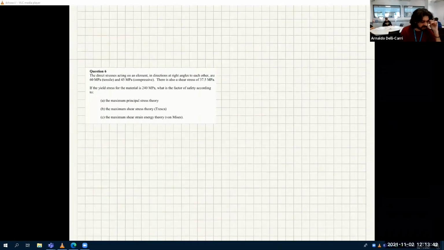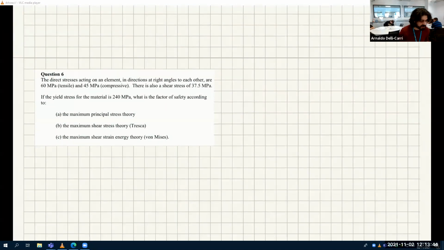Now, the direct stresses acting on an element in directions at right angles to each other are 60 megapascal tensile and 45 compressive. It doesn't say which one is sigma x and which one is sigma y, so let's make up our own mind. I'm saying this is the infinitesimal element. This is the x-axis, this is the y-axis.